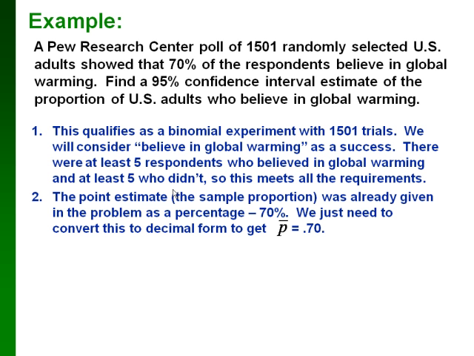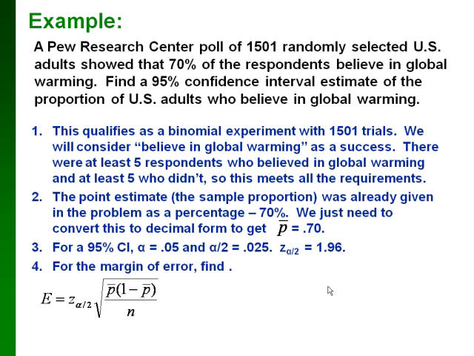The point estimate for this example was already given in the problem. They gave it to us as a percentage, 70%. So all we need to do for our sample proportion is convert this to decimal form. So we have p-bar is equal to 0.70. We've already seen that for a 95% confidence level, our critical value of z turns out to be 1.96, and then we're going to use our formula for the margin of error.